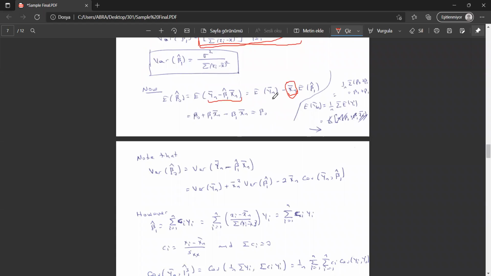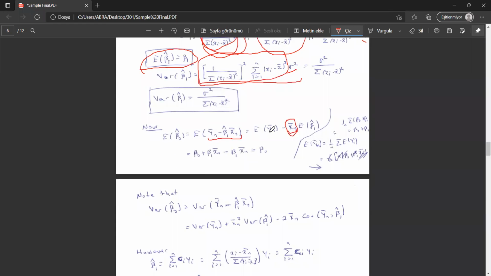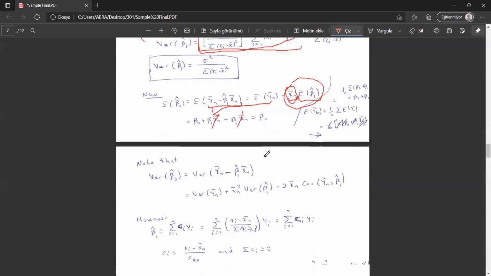Here, if you write the formula of y bar, which is beta 0 plus beta 1 x bar, and here you will have x bar times beta 1, because expectation of beta 1 hat is equal to beta 1. And these terms will cancel each other out, and you are left with the fact that expectation of beta 0 hat is equal to beta 0.